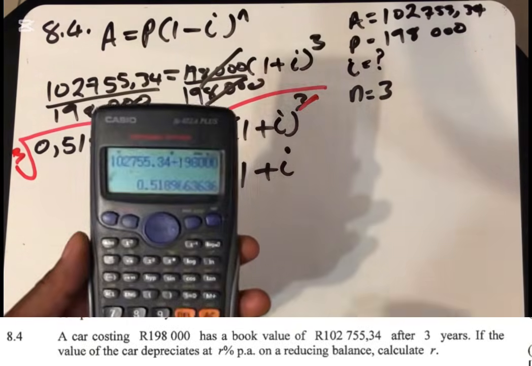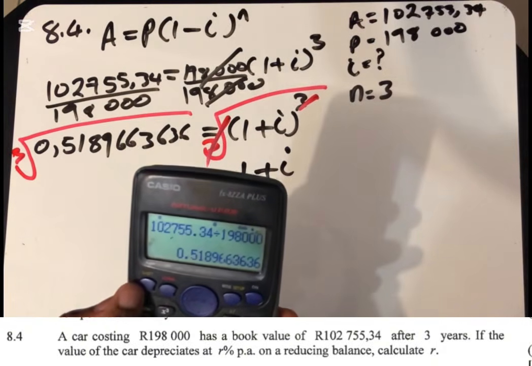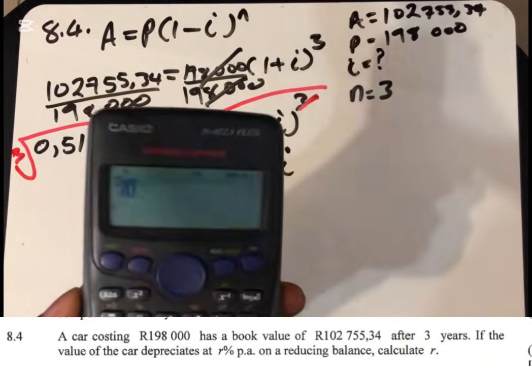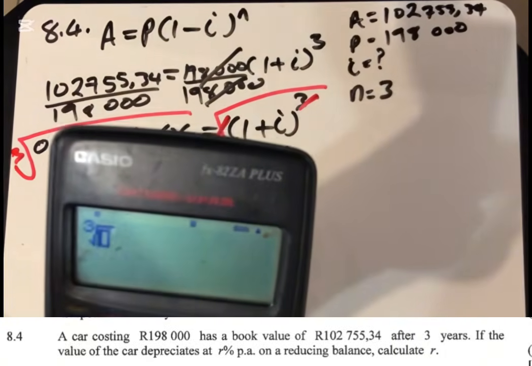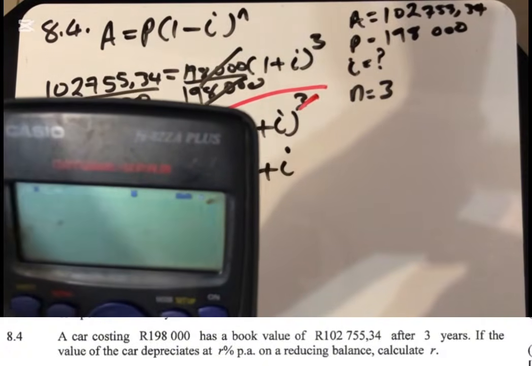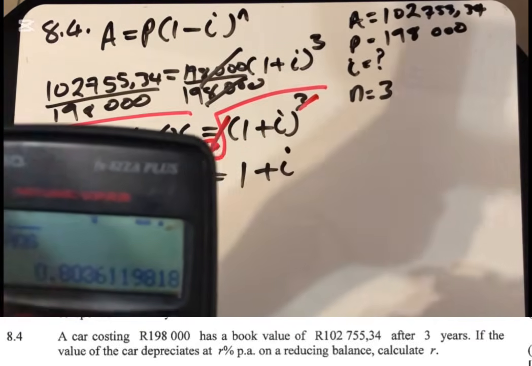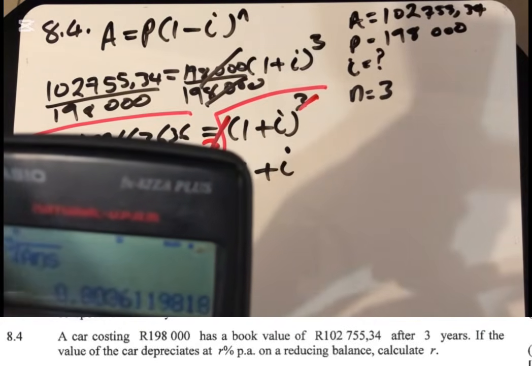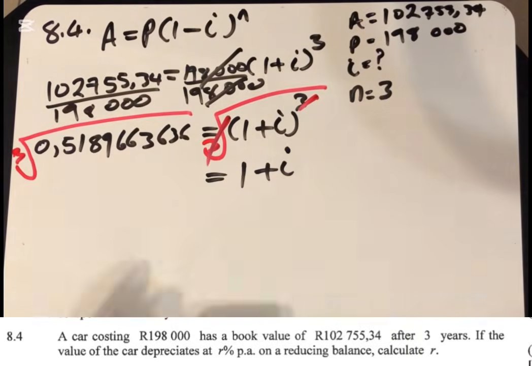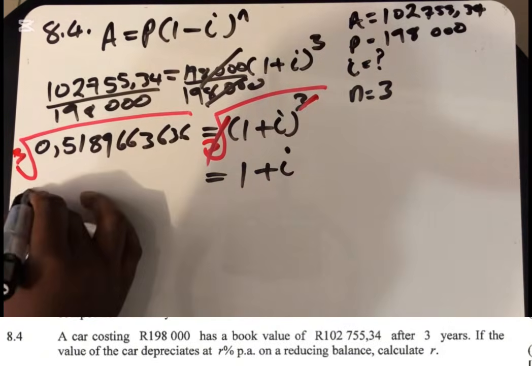Then on the other side, we use the cube root, which is shift and this. I believe you can see where the cube root is located. Then I press answer because I already had this answer before. It gives me 0.8036119818. You are advised to write everything after a comma as you are still doing the calculations.